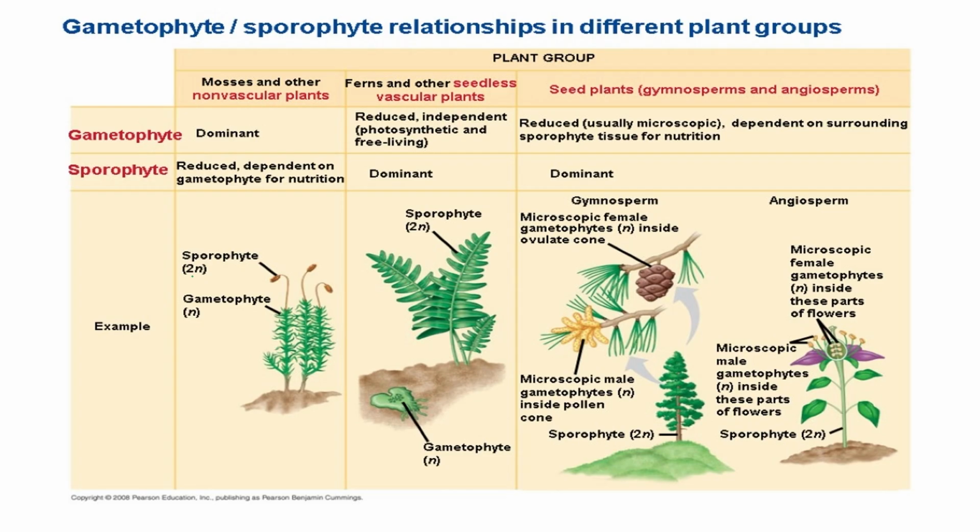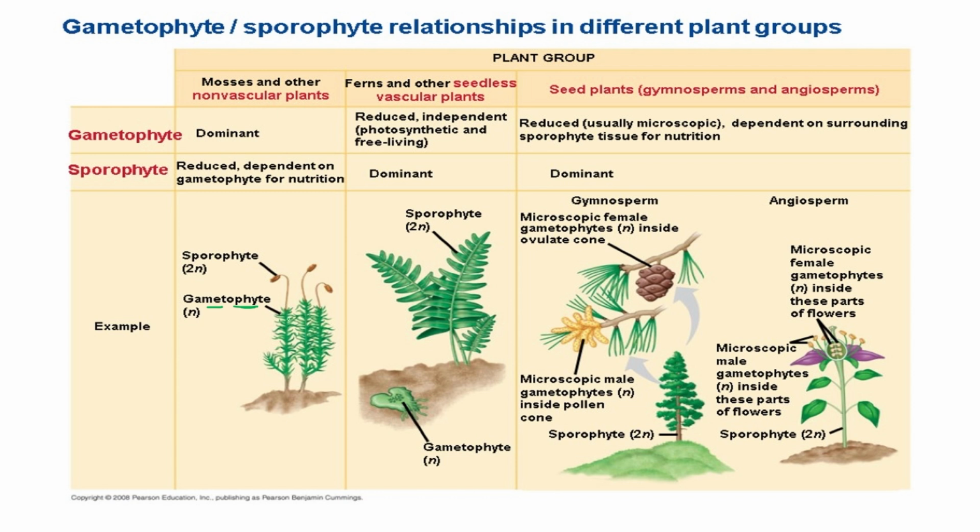So before discussing the different types of life patterns, let's see the different plant groups from bryophyte onwards. So bryophyte, pteridophyte, then gymnosperm and angiosperm. Here in bryophytes, in which mosses are the main example, you can see this is the moss plant, and this gametophyte is haploid in nature.